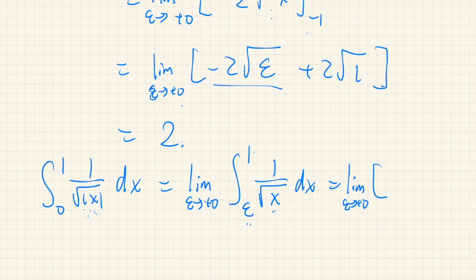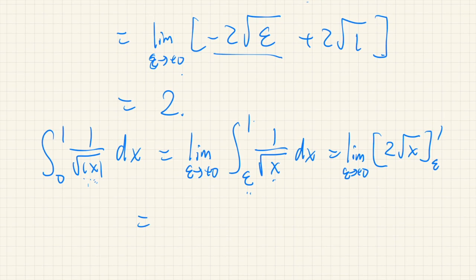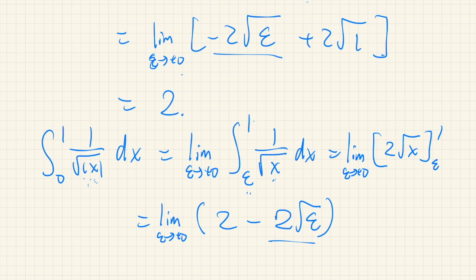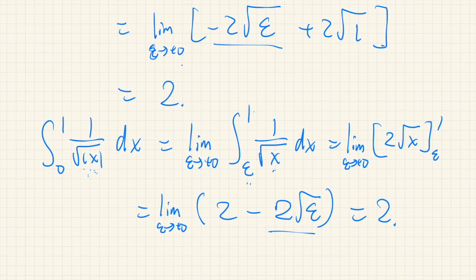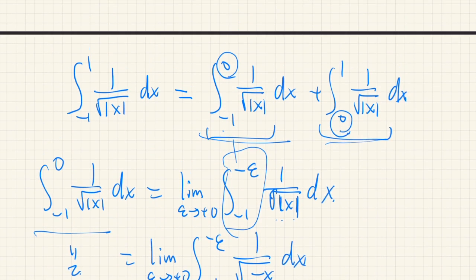If we integrate this, it should be 2 square root of x from epsilon to 1, and this is the limit of 2 minus 2 square root of epsilon. So this converges to 0, and we have 2 here. So this is equal to 2, and therefore we have this integral's value as 2 plus 2, which is 4.